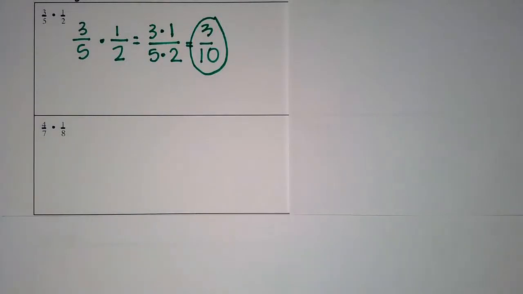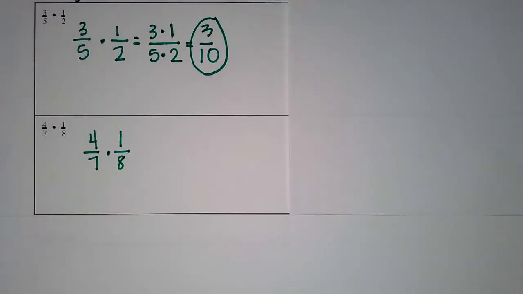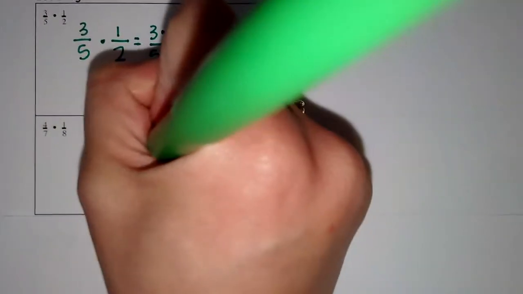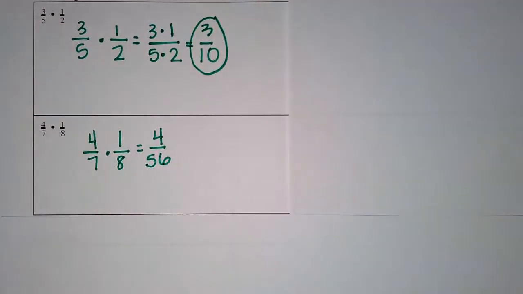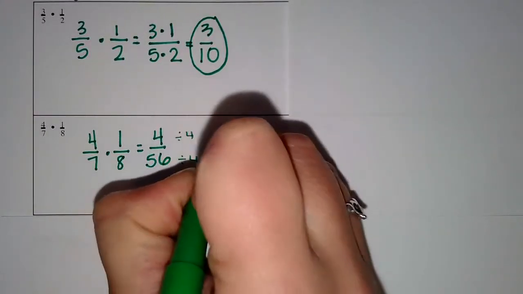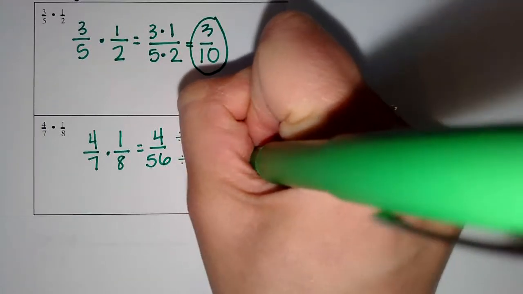Okay, so we've got 4/7 times 1/8. Now I want to show you a trick to simplifying. One thing that we can do, just like we've been doing, is 4 over 56. I can divide both of those by 4, getting me 1/14th.